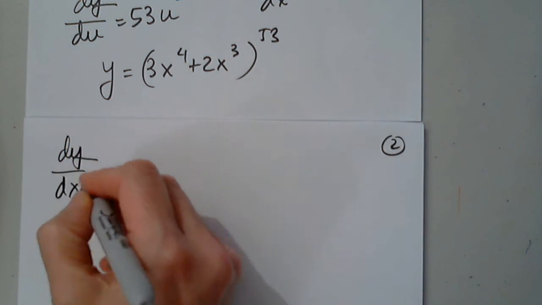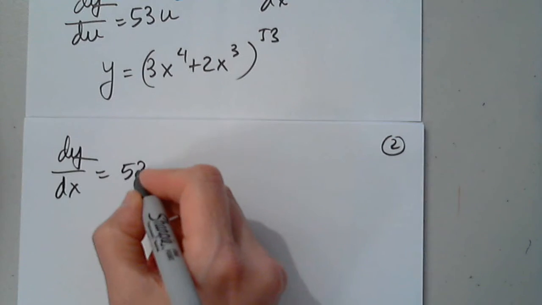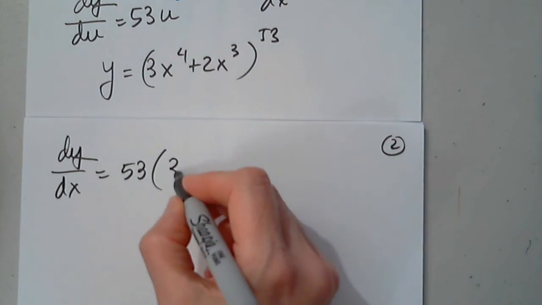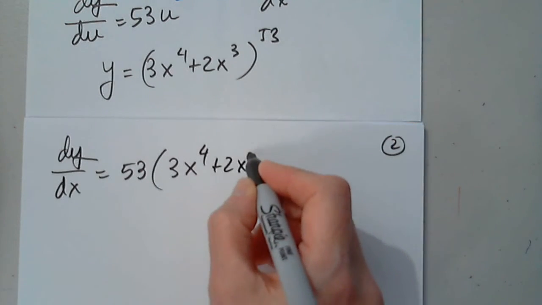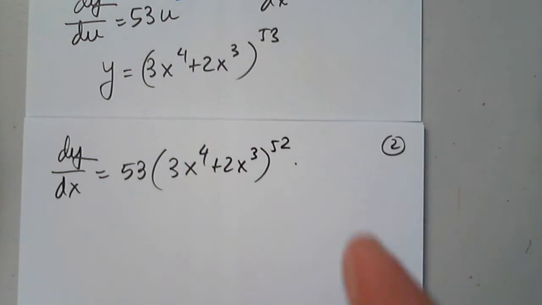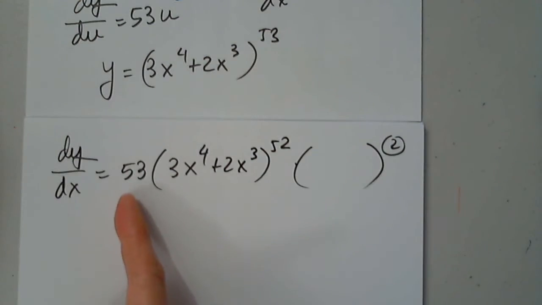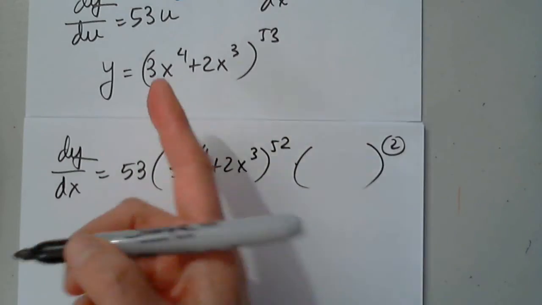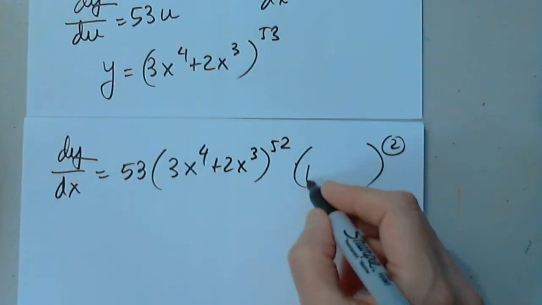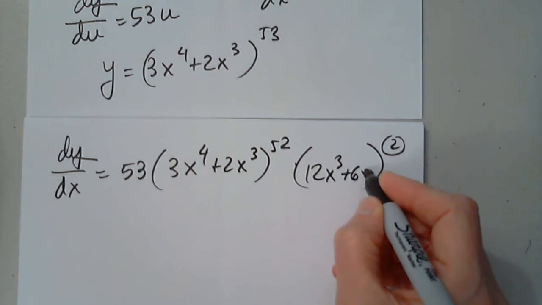dy with respect to x: I bring down the power, 53 times 3x to the fourth plus 2x cubed to the 52, times the inner function's derivative, which is 12x to the third plus 6x squared.